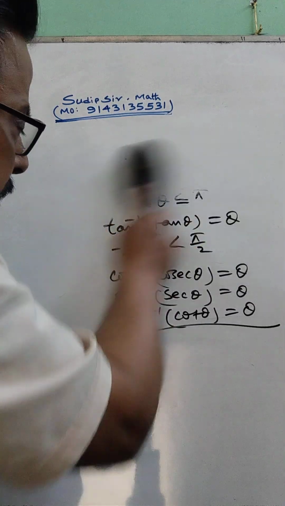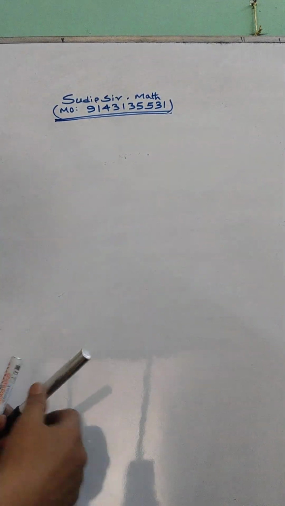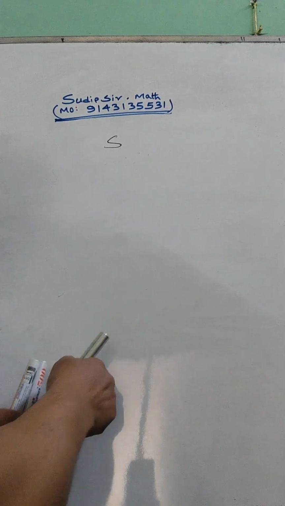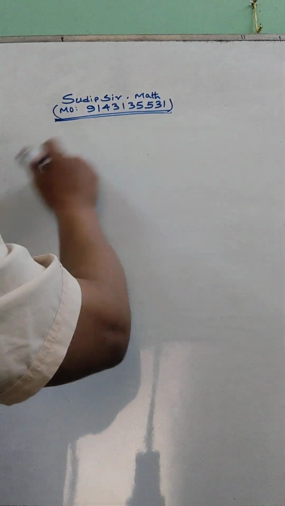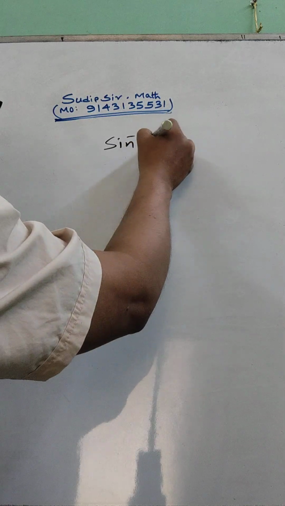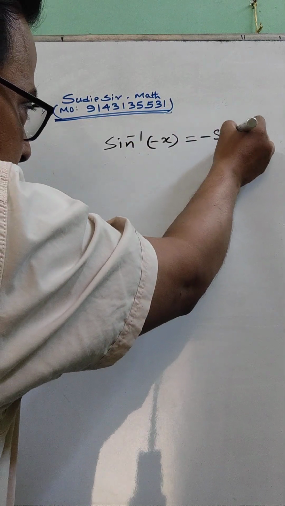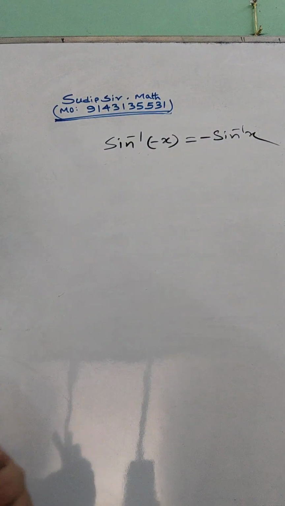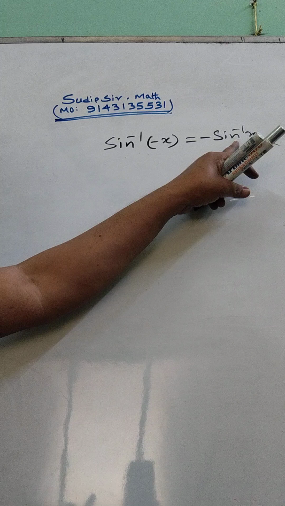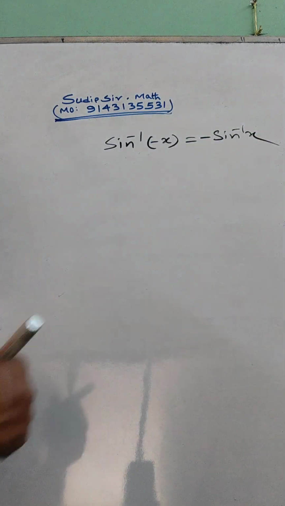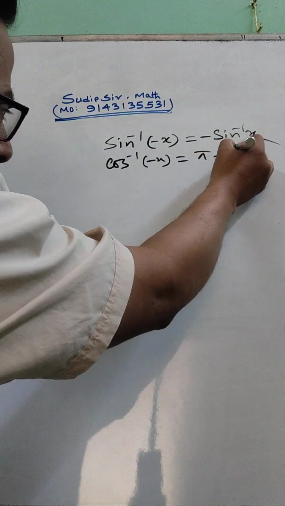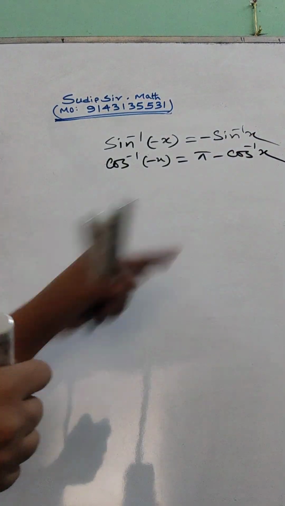For the negative part, sine inverse minus x will be minus sine inverse x for its domain, and cos inverse minus x will be pi minus cos inverse x for its domain.